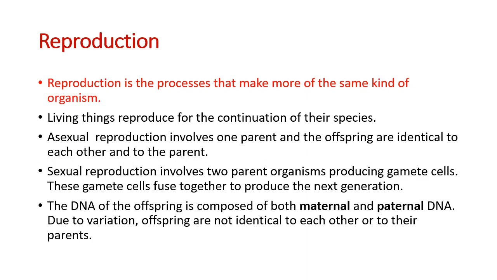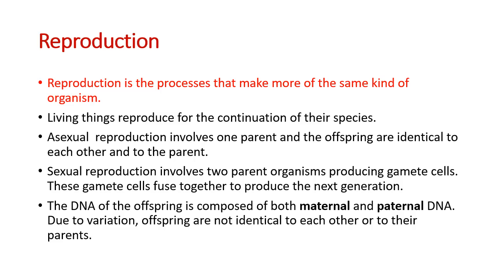Reproduction. Reproduction is the process that makes more of the same kind of organism. Living things reproduce for the continuation of their species. Asexual reproduction involves one parent and the offspring are identical to each other and also to the parent.